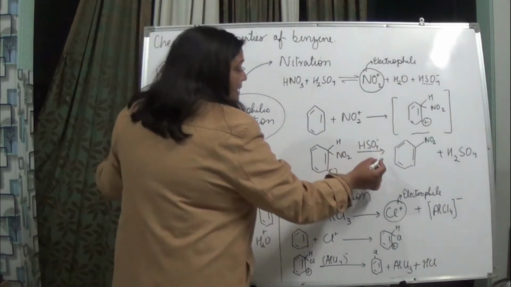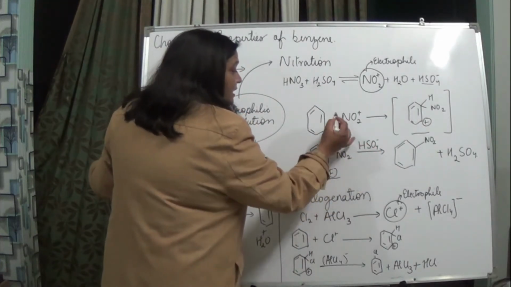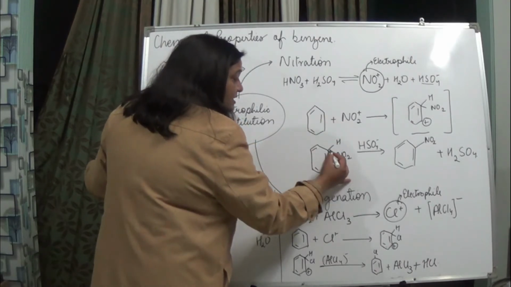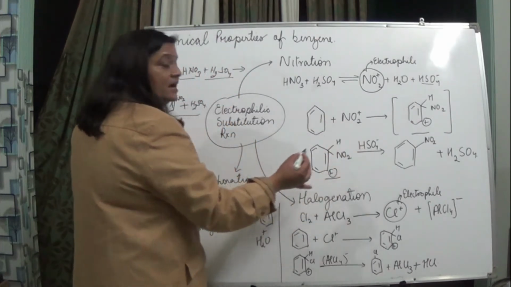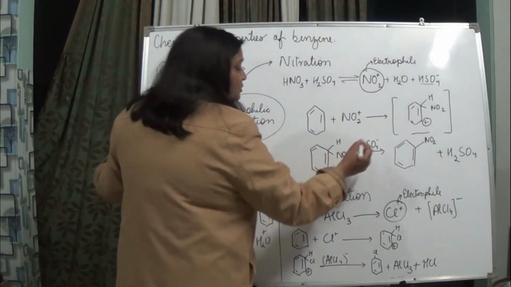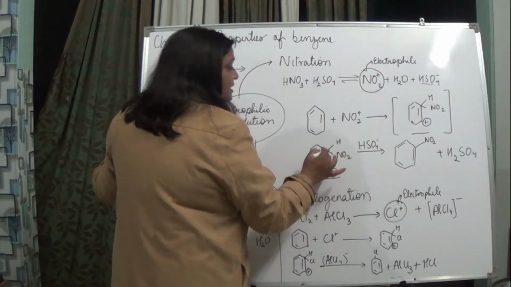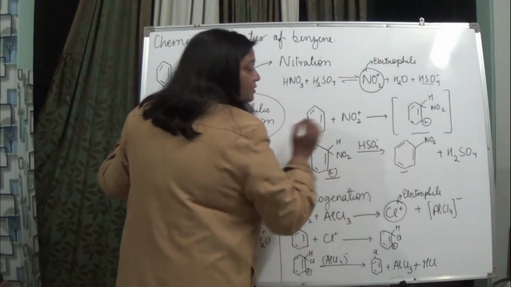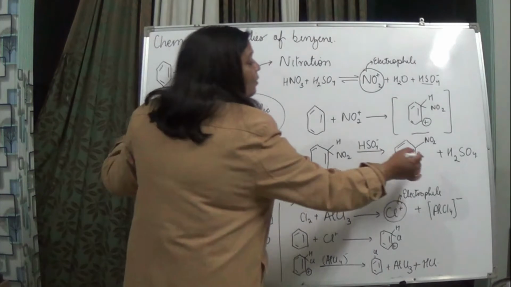Here the electrophile has been attached, and this hydrogen is removed. NO2 has substituted this hydrogen, thereby forming nitrobenzene. And what is released?